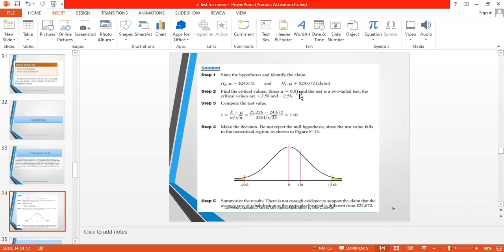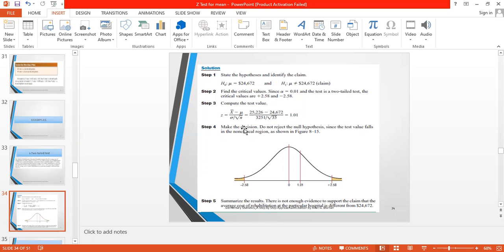It means a 99% confidence level, and the test is a two-tail test. So our critical values are minus 2.58 and plus 2.58. Compute the test value. The result obtained is 1.01.